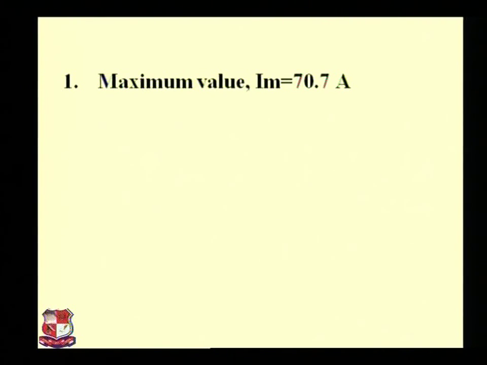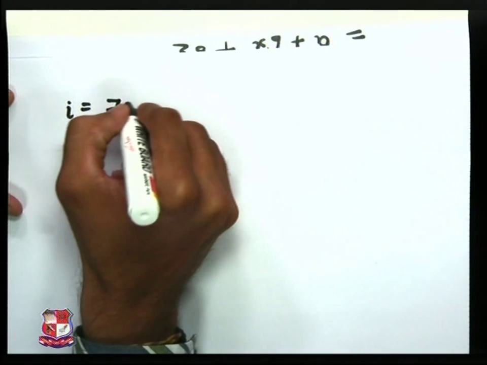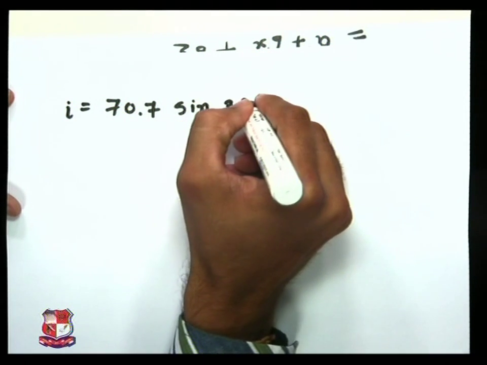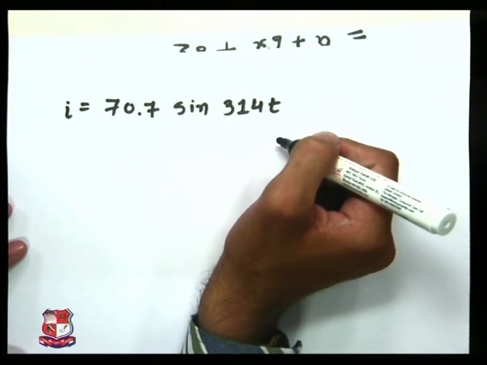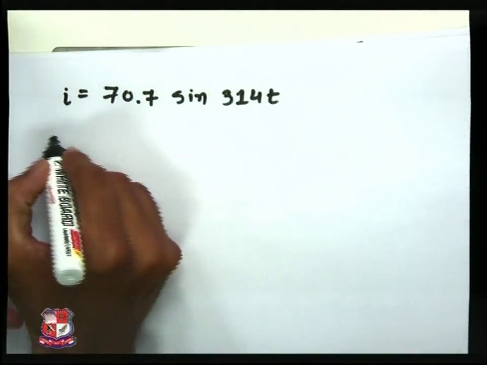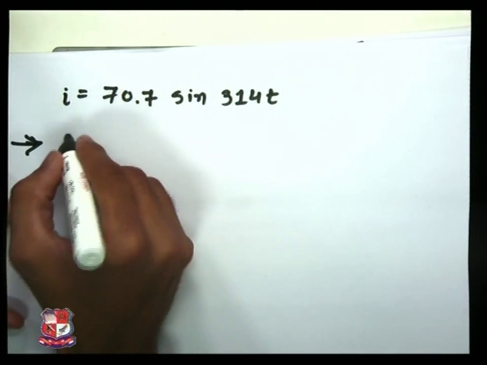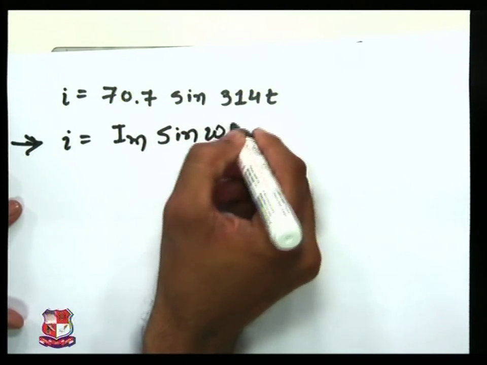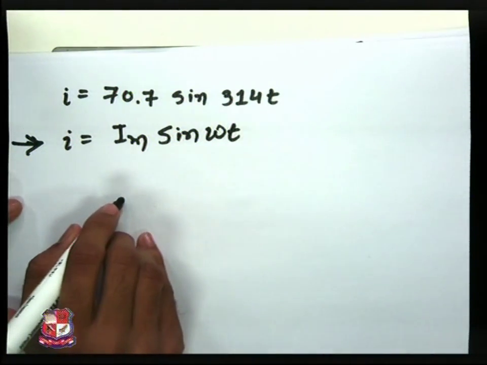First is maximum value. So we write down the equation and go with the answer. In the data, I equal to 70.7 sin 314t is already given. As we know, current is given by I equal to Im sin omega t.